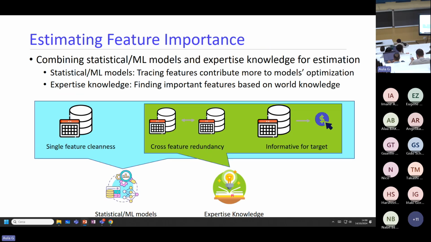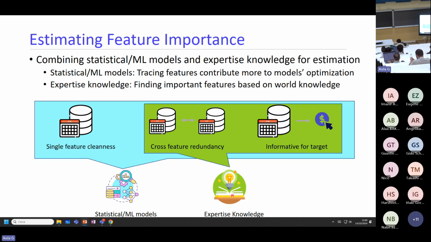Existing feature importance estimation involves combining both statistical machine learning models and expertise knowledge to achieve accurate assessments. Statistical or machine learning models help by tracing which features contribute the most to the model's optimization through techniques like feature importance scores, permutation importance, or SHAP values.